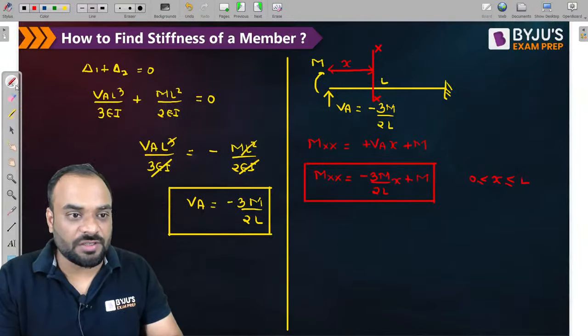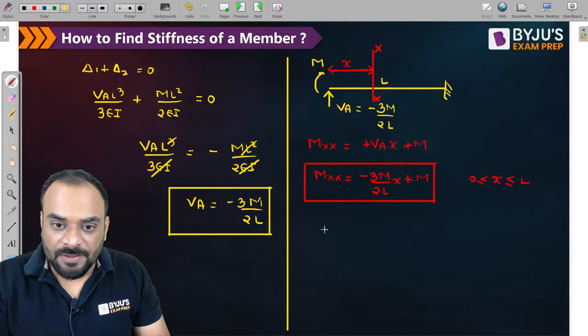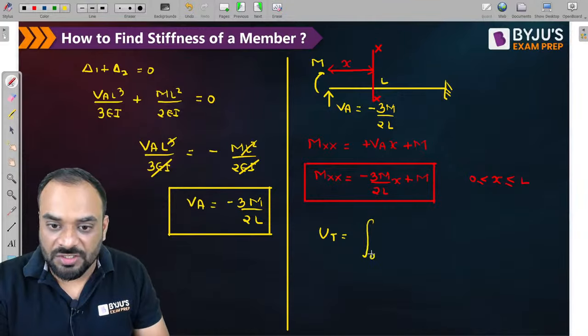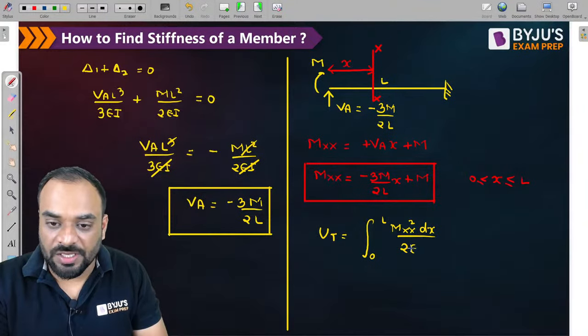So let's do this particular thing, guys. Total strain energy is equal to integration 0 to L MXX square dx divided by 2EI.